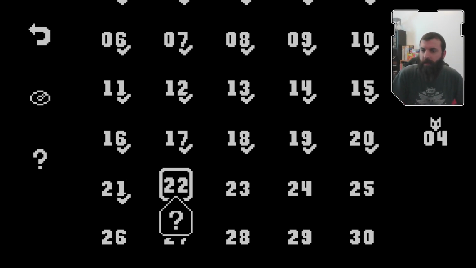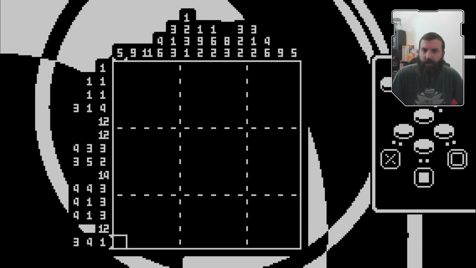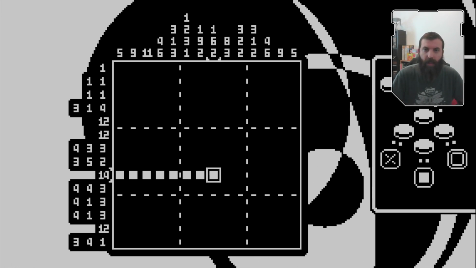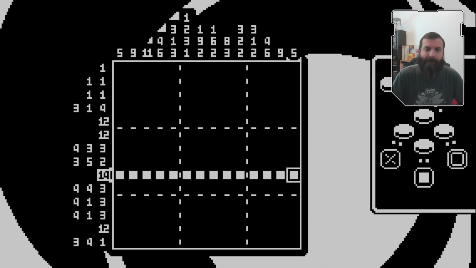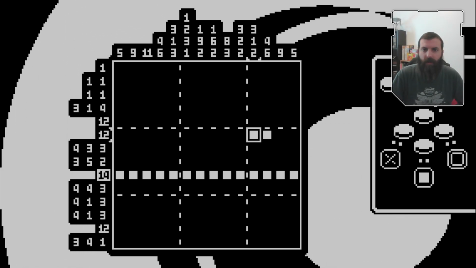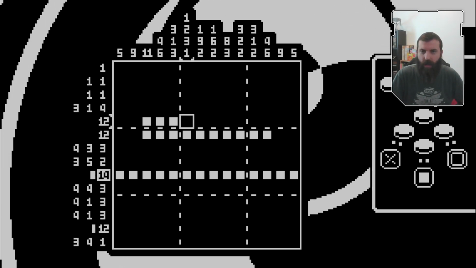Alright. Let's continue on with Nonogram 22. 14 wide and 14 tall. So we'll start with our 14 here. We'll also go ahead and fill in these 12s in as much as we can.